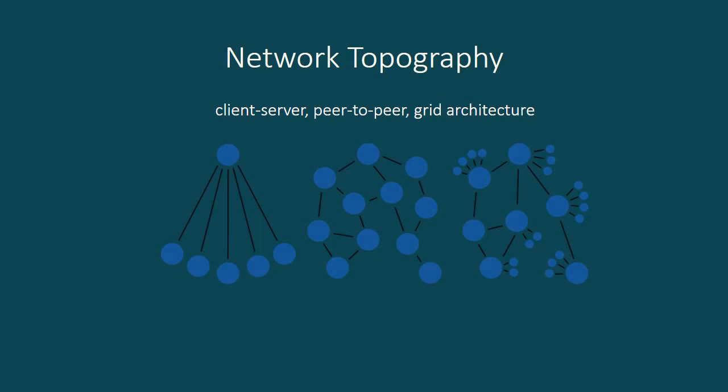The grid architecture is amazing, how they thought it up. Essentially, what they decided is there were a lot of computers that were sitting idle in people's homes. When they went to work or on vacation, the computer was on, but nothing was using the CPU or the storage capabilities.